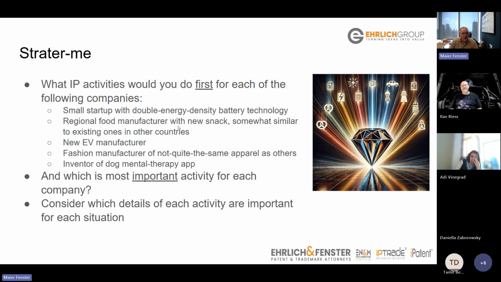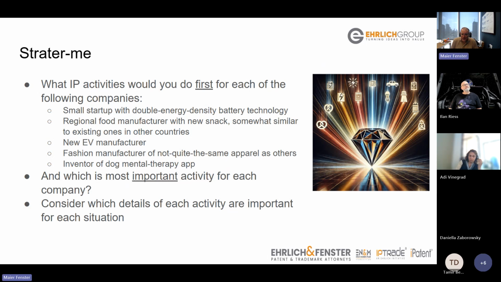I have a regional food manufacturer, okay? They have a new snack, which is similar to other snacks in other countries. Somebody is making an EV manufacturer. Somebody is making clothes which don't quite look the same as clothes sold by other people. I have an app to deliver mental therapy to dogs.